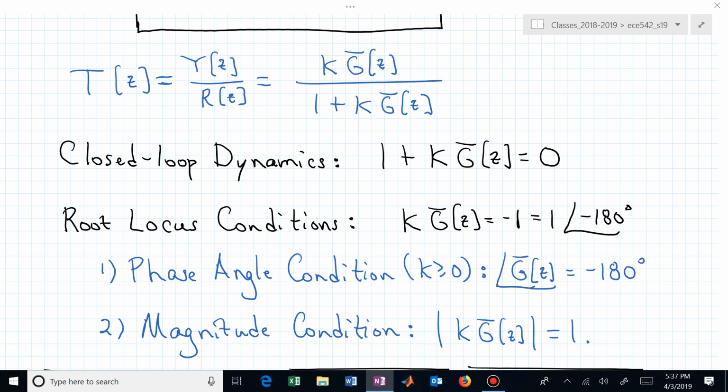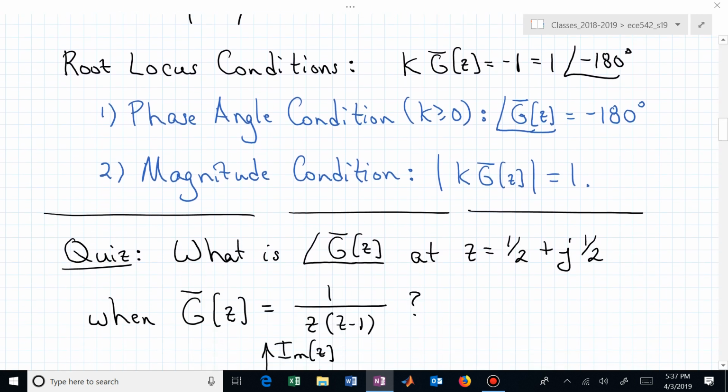We won't worry about negative values of k in our sketches for the root locus diagram. That would just confuse the issue, and we don't need to confuse it. We just need to learn the root locus. Once you've learned it, then you can throw the negative k in there and start to understand how that might change things.